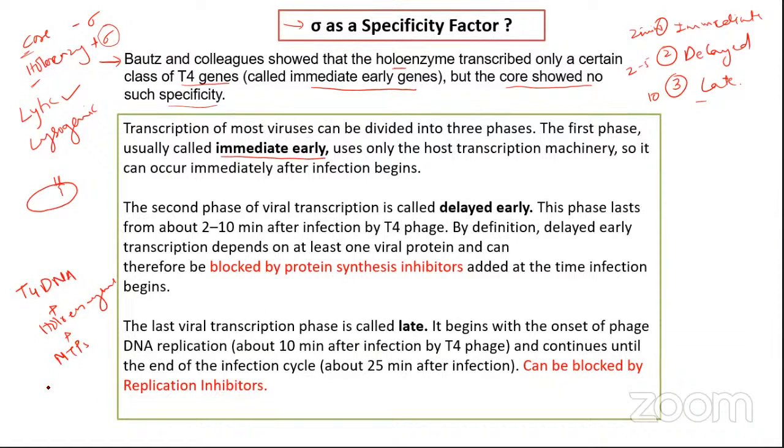The other reaction composition will be T4 DNA, and instead of holoenzyme, there will be core enzyme. So either you add holo or you add the core enzyme. Is it fine?